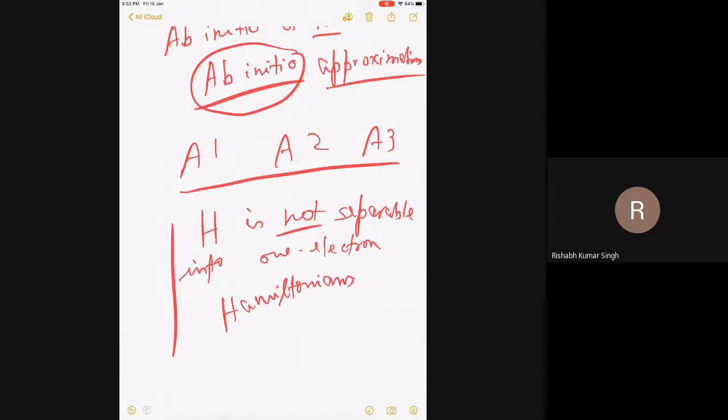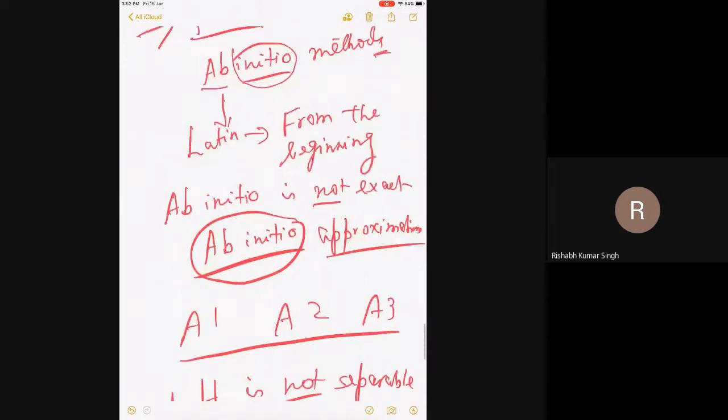Don't forget, it is not separable because of the electron-electron repulsion operators. Because of that, we have to develop approximations, and we are saying that we will develop approximations which are ab initio in nature. I hope it's clear to all of you that I basically set the standard of this course now.